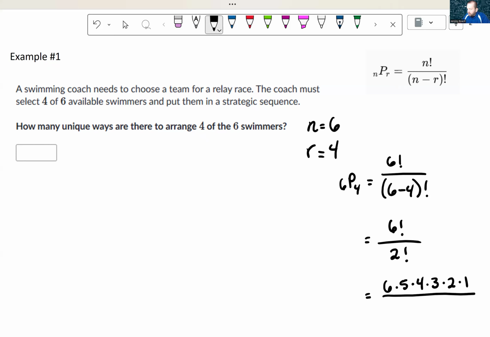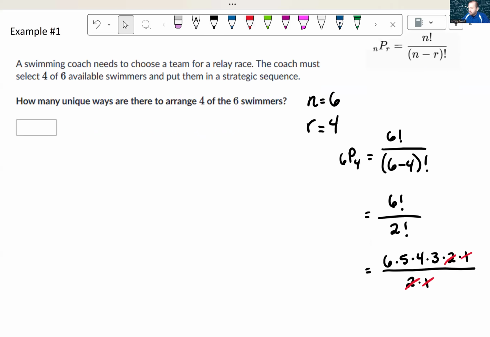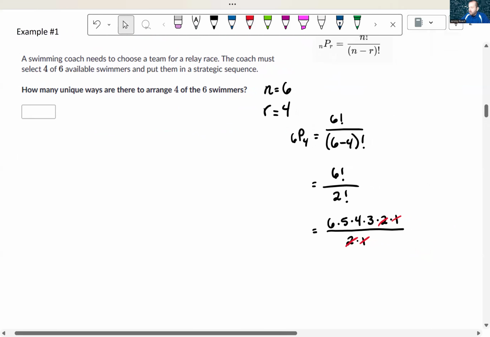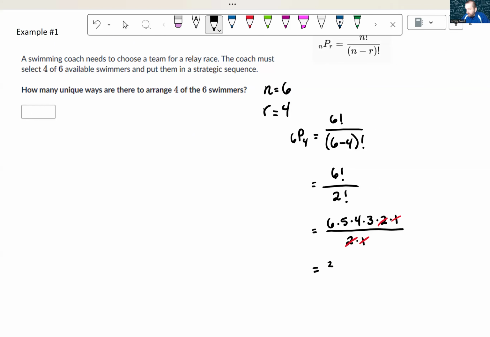And 2 factorial is just 2 times 1. And so we're going to cancel out the 1s and the 2s. So now we just are left with 6 times 5 times 4 times 3. And that's 360. There's 360 ways that he can choose a team of 4 people out of the 6.